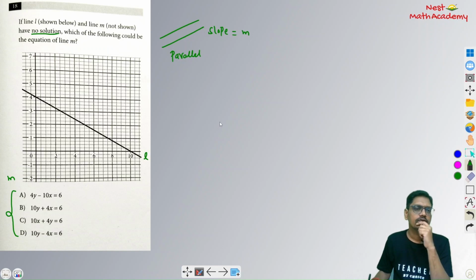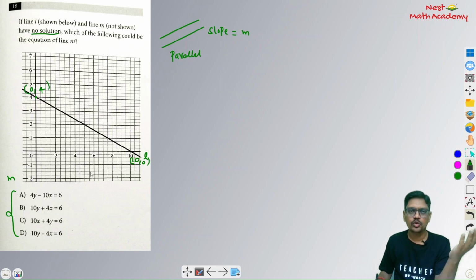Okay. So for the given line, slope is, you can easily see this is 4 and this is 10. Or else I can say 10 comma 0, 0 comma 4 as points. I can use the two-point form like y2 minus y1 over x2 minus x1 formula, or else I can directly see rise over run. Either way I can find the slope easily from here to here.